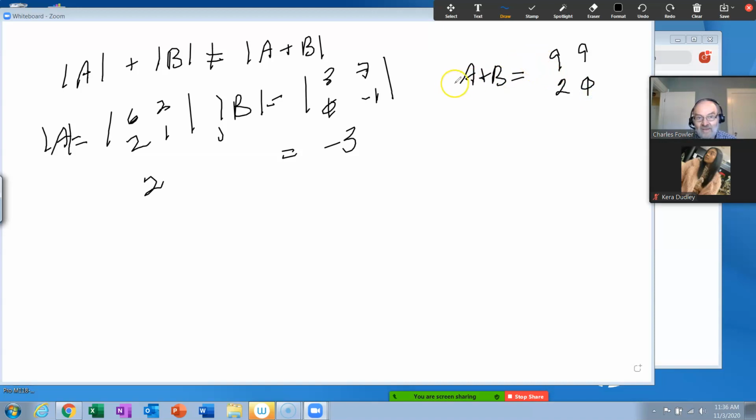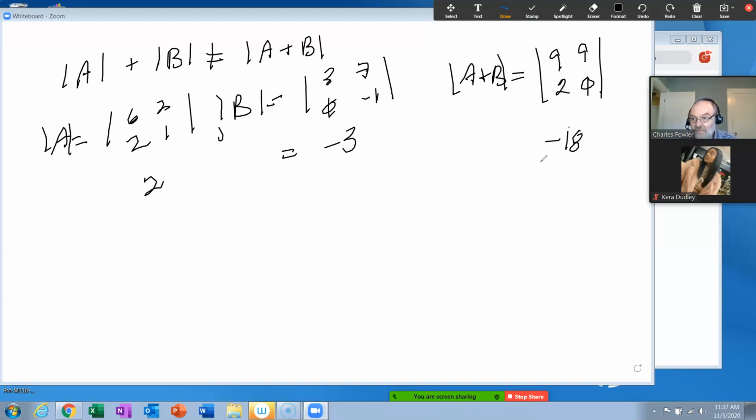Now take the determinant of that, and what do we get? That would be negative 18. No connection here at all. None whatsoever. 2 plus a negative 3 would be a minus 1, nowhere close to negative 18. So no correlation there.